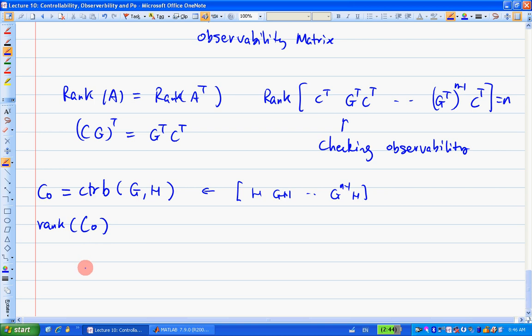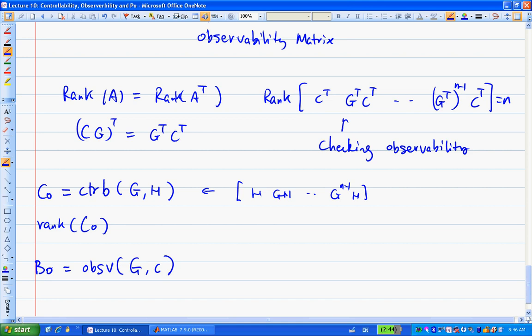And for observability, the command is obsv, I think. Yes, it's obsv here. So what do you plug in? You plug in G and C, and let's say it returns a result here, call it OB, doesn't matter.